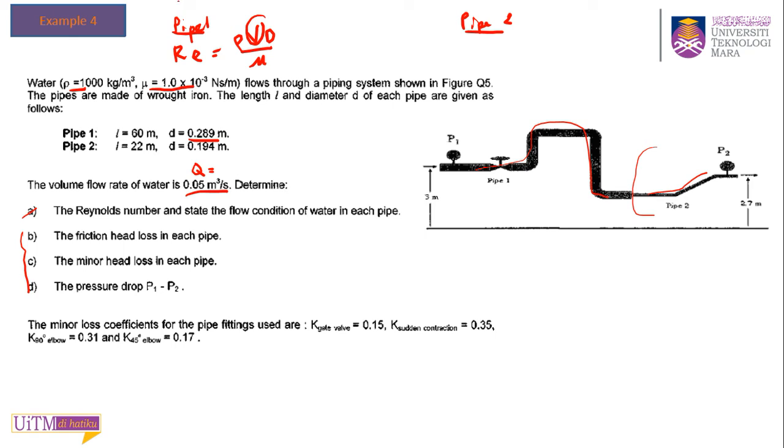Again, as before, to find velocity use the continuity equation. You can find the velocity for pipe 1: V1 equals Q, 0.005, divided by the area 1 for pipe 1.